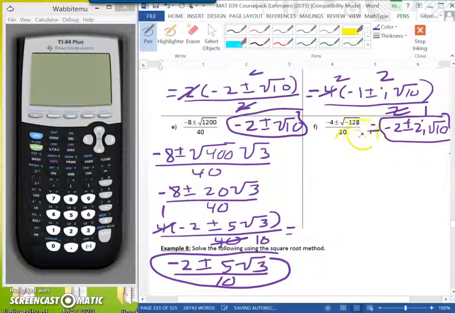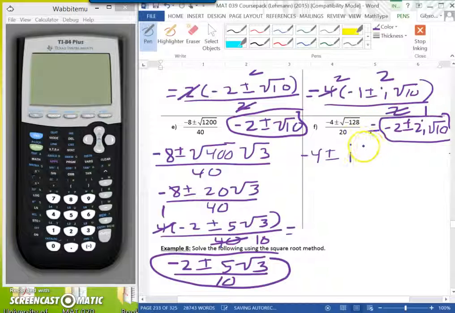Now we come here to F. Now we have negative 4 plus or minus the square root of a negative 128. Now we know we're going to factor out an i. Now we have to factor out the perfect square here.